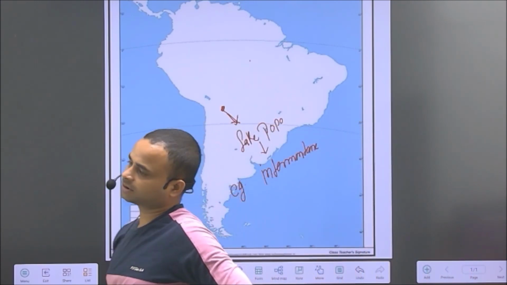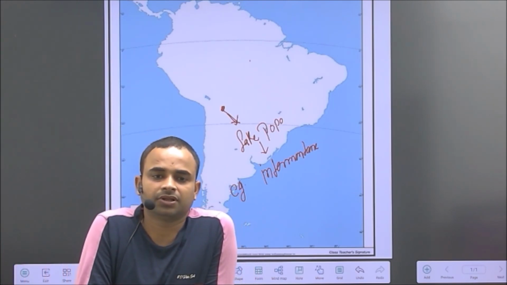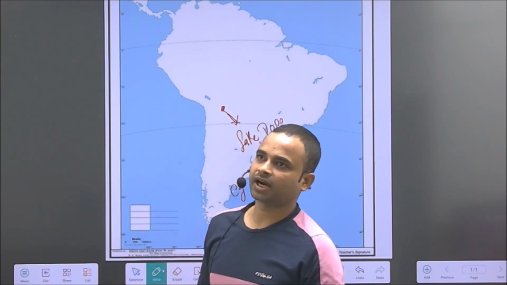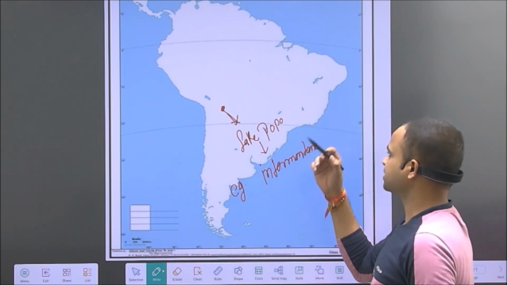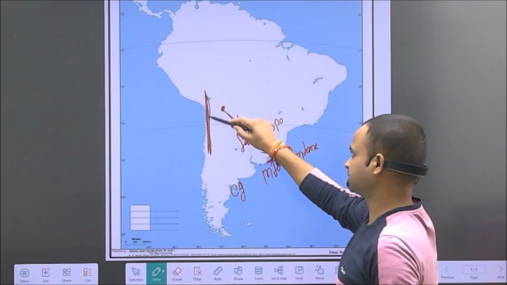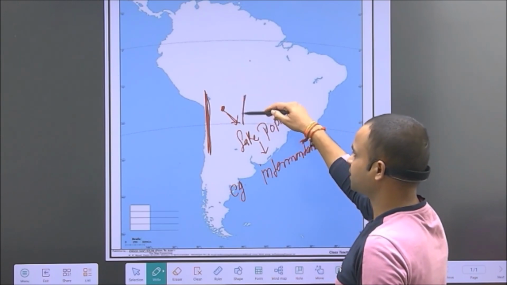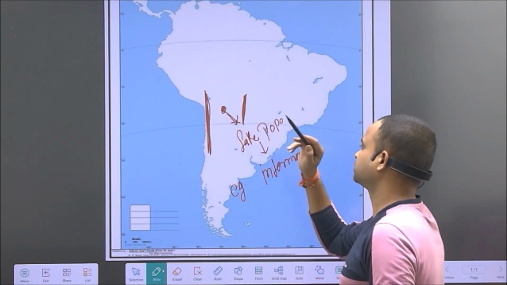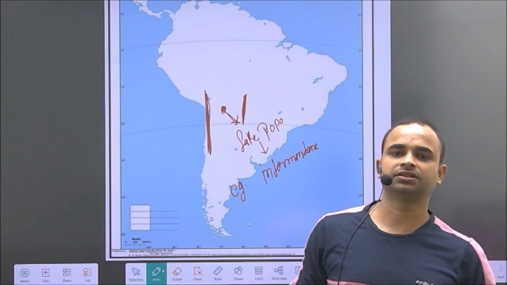That means if some landscape is situated between different types of landscape, that landscape is called intermontane. And why is it intermontane? Because here the Andes mountain is situated, which I have discussed, and here Gran Chaco is situated. That's why Lake Poopo is situated between the Andes mountain and Gran Chaco. That's why it's called intermontane.